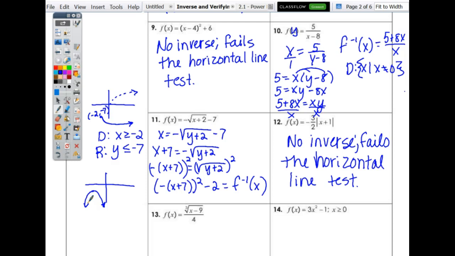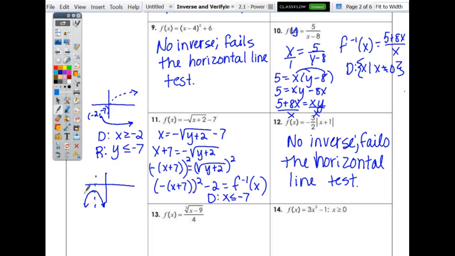What do you think? Probably this side, because this was less than negative 7. So we want x less than negative 7. Because we're only going to take this side.